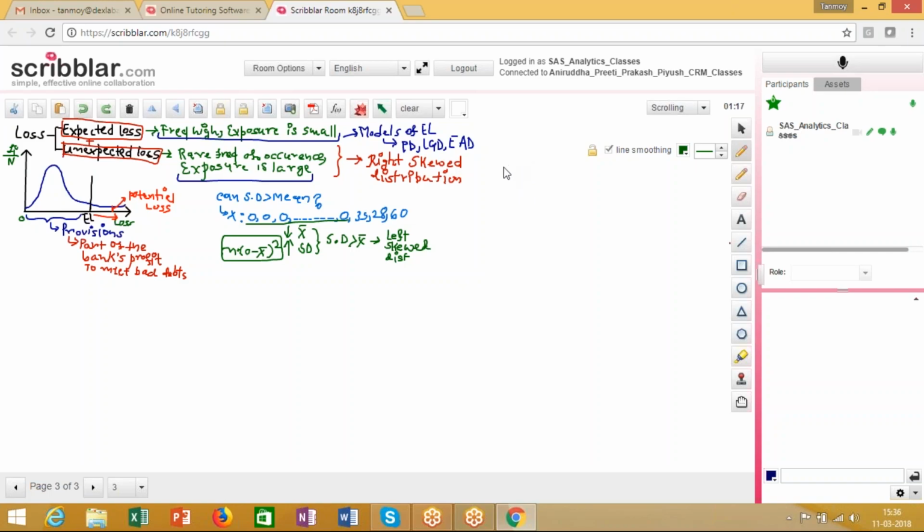When I was working on this FAS 5 model, we had a variable, amount outstanding, for all the accounts which were on the books of the bank.